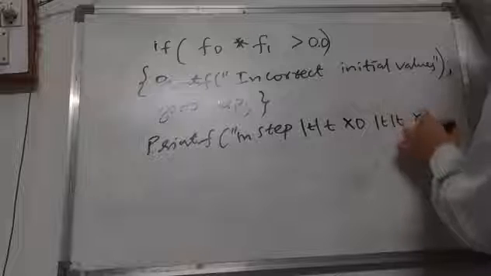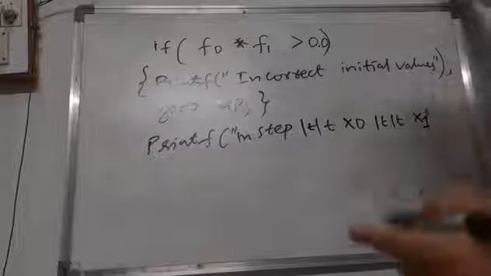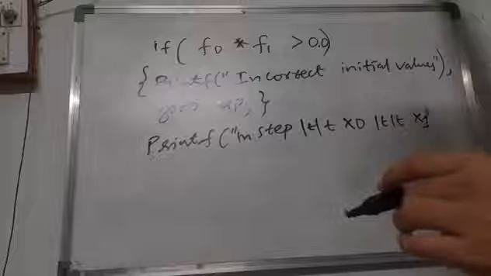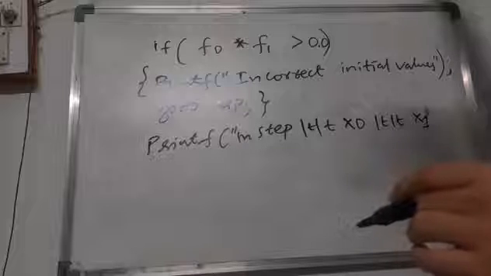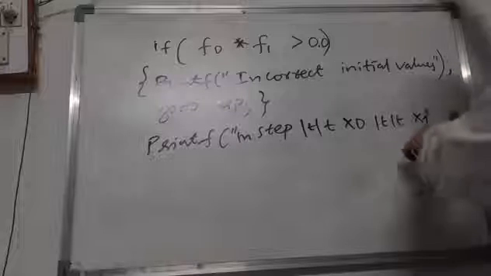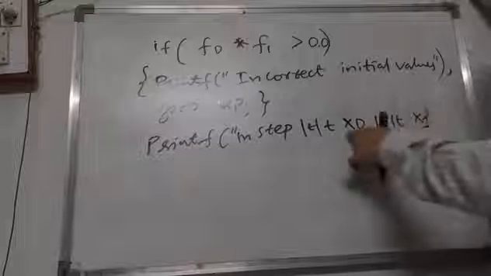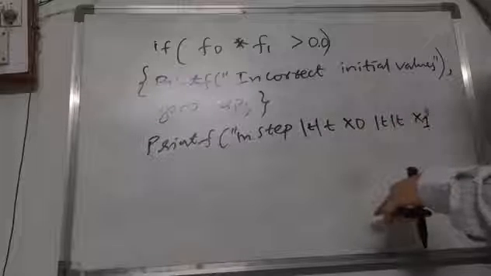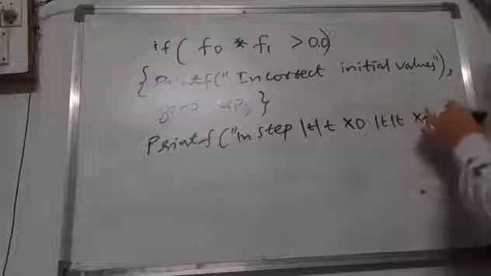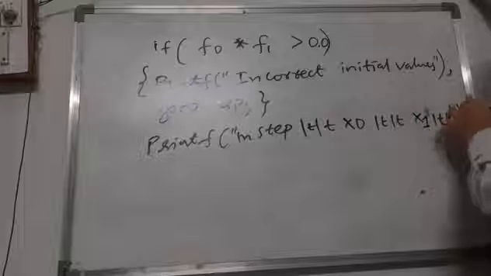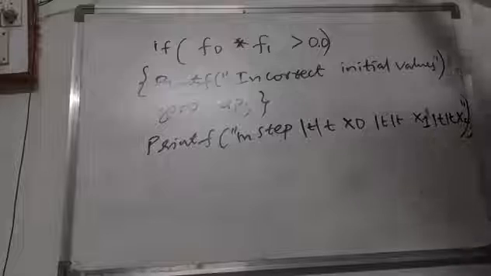The x2 value will also be printed, because x2 is equal to x0 plus x1 by 2. Take a tab, and the x2 value will be printed. These values will be printed on the next line.